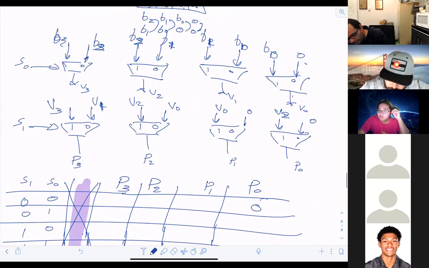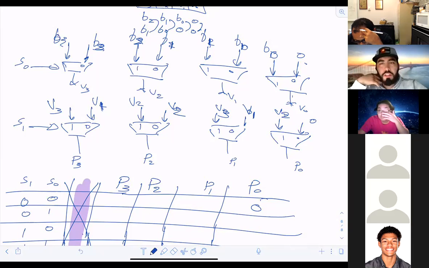I think you are right. This is V1, V3, V2. You understand what I'm saying? Wait, I think the P1 does have a 0 where the V1 is. Because if it's 0, 0, then it shifts another 0 from the left side, right?